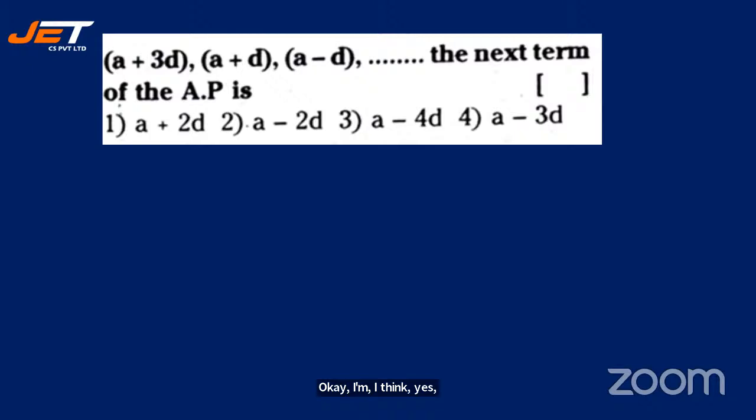A plus 3D, A plus D, A minus D, and so on. The next term of an AP is dash. Is it A plus 2D, A minus 2D, A minus 4D, A minus 3D? So they say it is an AP, isn't it? So T2 minus T1 must be equal to T3 minus T2.